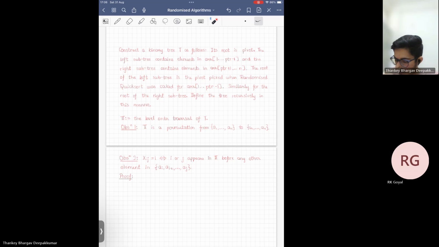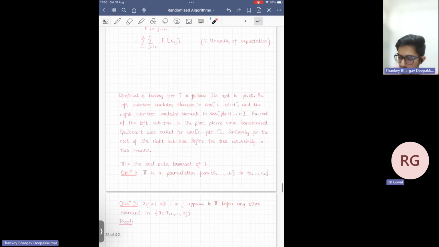Okay. So level order traversal means this. Suppose we have a tree. The level order traversal first visits the root, then it visits the left child of the root, the right child of the root, and then it recurses. So it then visits the left child of the left child of the root, the right child of the left child of the root, and so on.